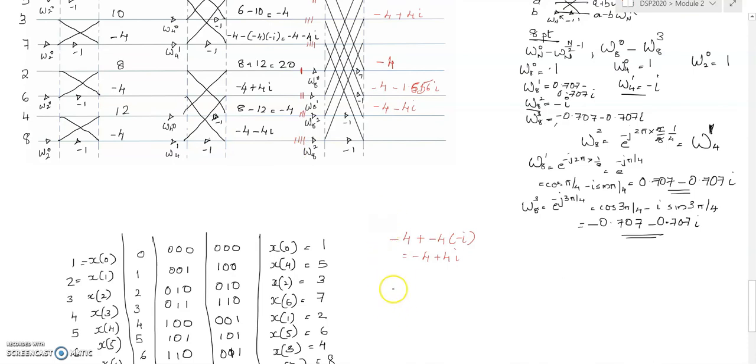The equation to be solved for the top arm output is -4 minus 4i plus (-4 minus 4i) into the twiddle factor W83, which is -0.707 minus 0.707i.